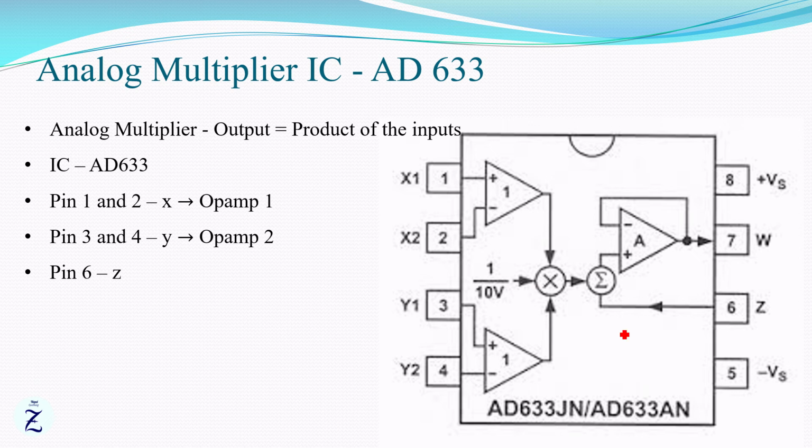The scaled value is applied to an adder which is being provided with another input Z. Then the sum is applied to a voltage follower, so we get the output at pin number 7, that is W. So the pin numbers 1, 2, 3, 4 and 6 are the inputs, pin number 7 is the output, and pin numbers 5 and 8 are used to provide the supply voltage.